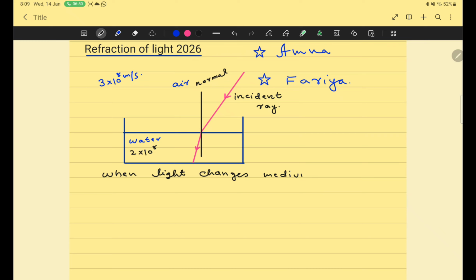Changes medium means in this example, the light is traveling from air into water, but it is also possible the light is traveling from water into air. So when light changes medium, its speed changes, its wavelength changes, and direction changes.